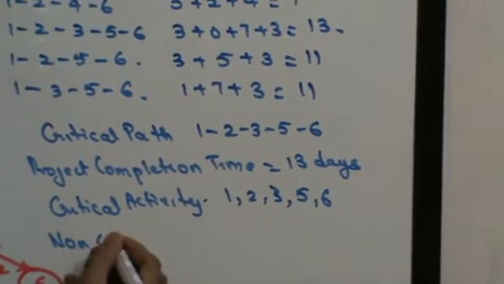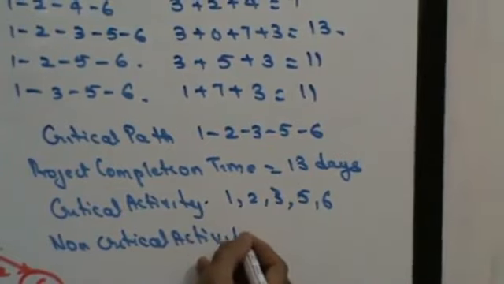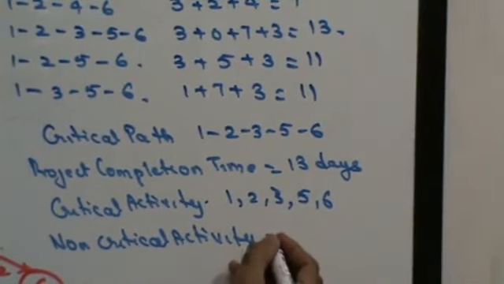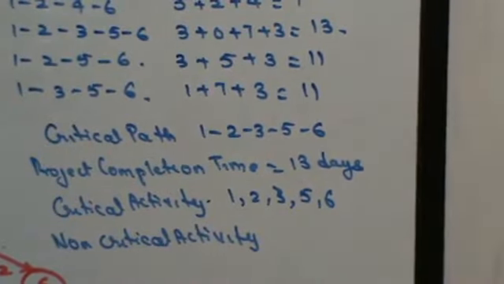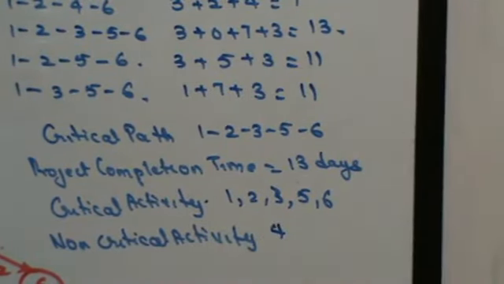Non-critical activity is going to be, I've taken critical activity as 1, 2, 3, 5, 6. So 4 is the only non-critical activity. Fine, do we get this thing here?